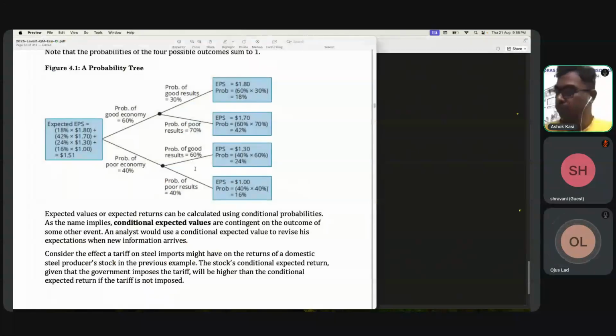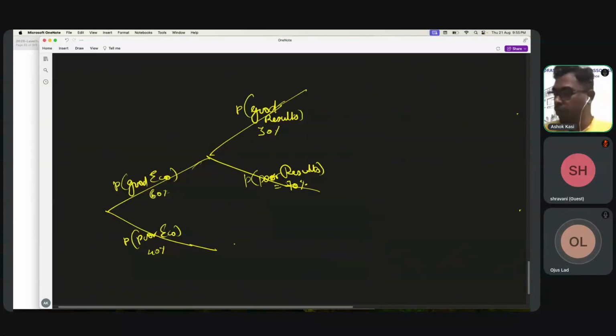Similarly, probability of good result if poor economy happens. Probability of good result 60%.